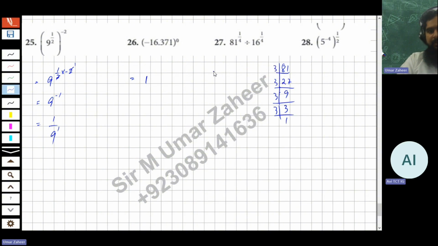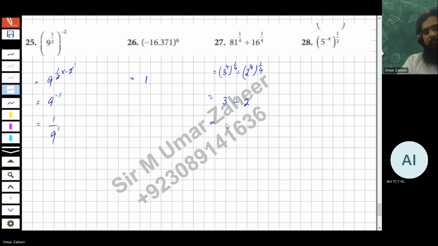So you will get 3 raised to power 4 and whole raised to power 1 by 4, divided by, in the same way, 16 will be 2 raised to power 4 and whole raised to power 1 by 4. So the 4 will be cancelled out. You will get 3, and here you will get 2. So 3 divided by 2 will be equal to 1.5.